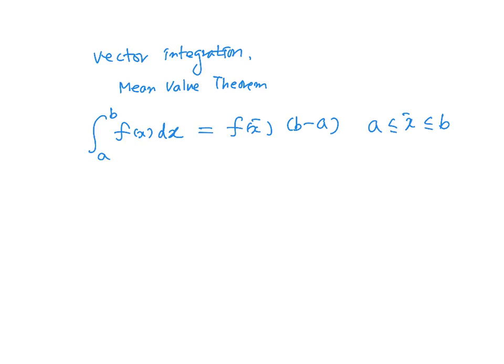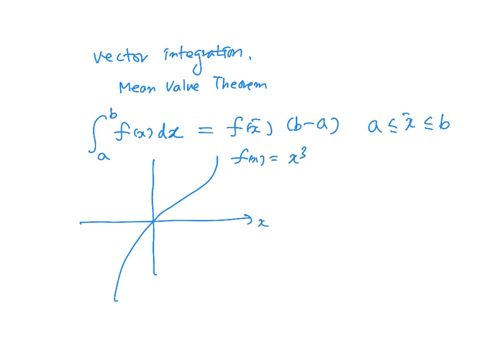So let's check some simple cases. For example, if we have f(x) is x cubed, assuming that you are integrating from 0 to 1, you know the exact value, right?